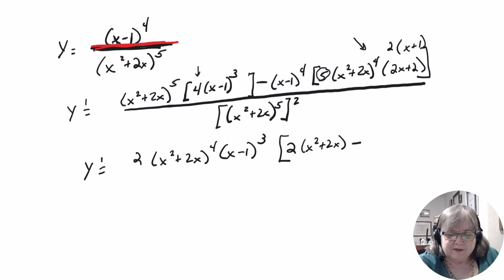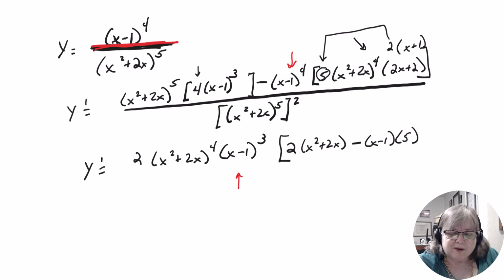Minus. I had an x minus 1 to the 4th. I took out an x minus 1 cubed, so I have an x minus 1 left. I had a 10. I took out 2, so I have 5 left. I'm just going to squeeze it in right there since I didn't leave any room in the front.